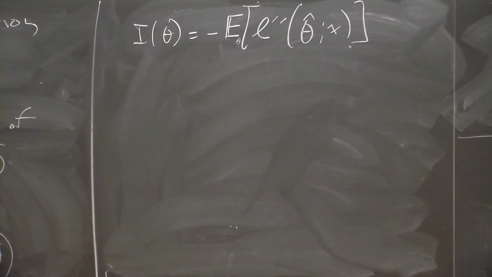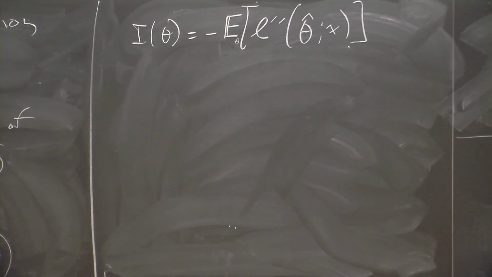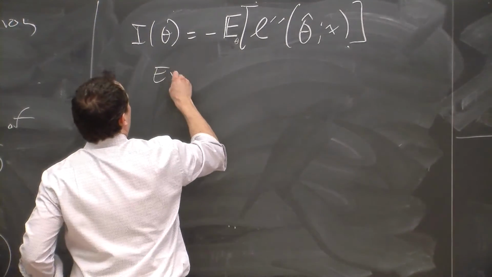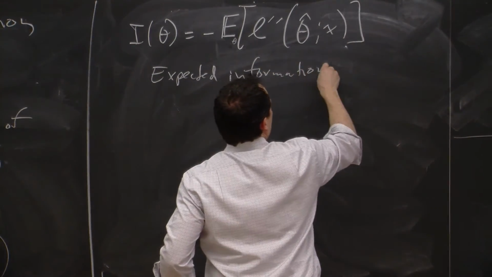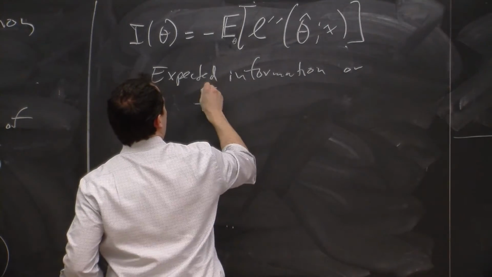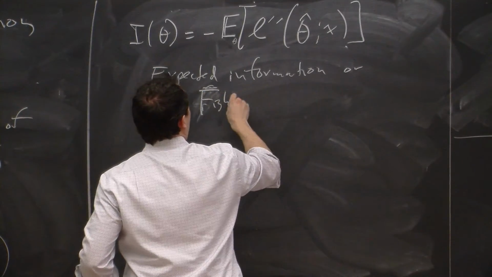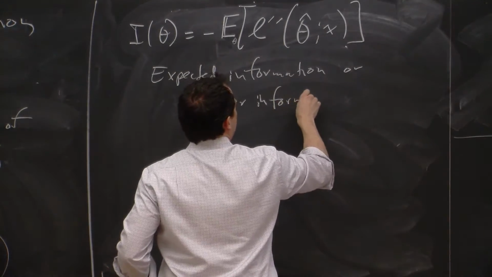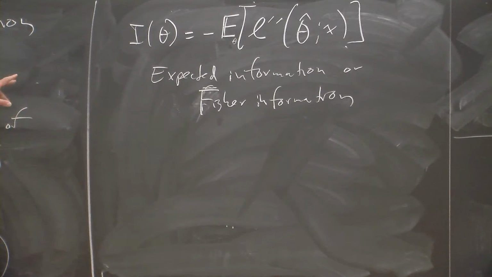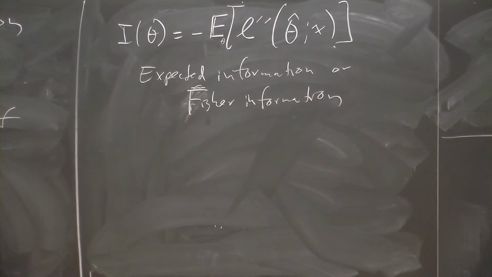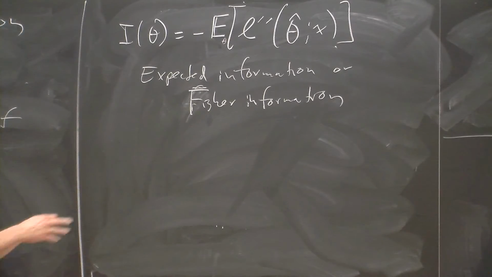And it helps your theory because you don't have to look at anything. This is called expected information, or Fisher information. And when I have a multivariate version of this, this becomes a Fisher information matrix because I take a second derivative.